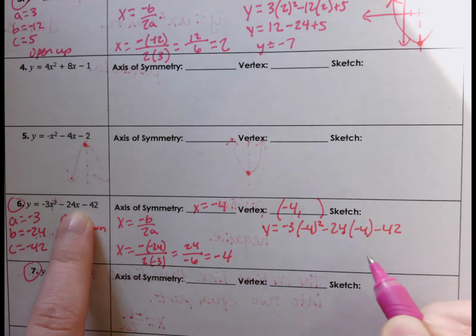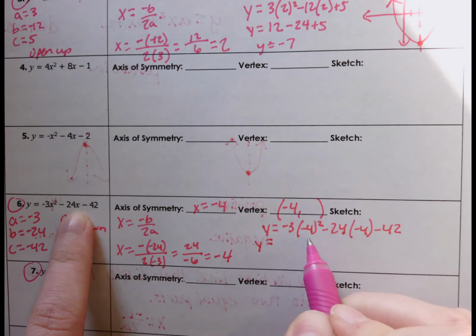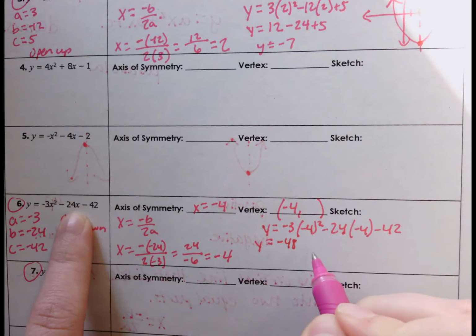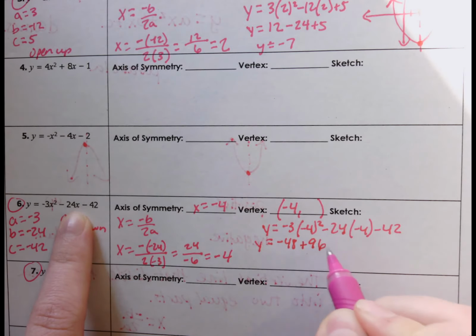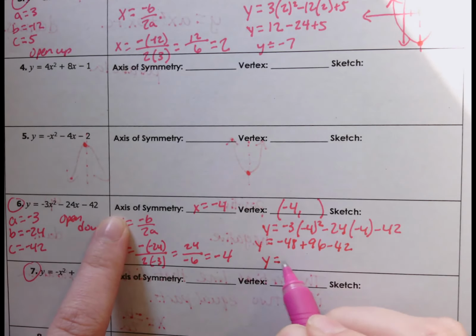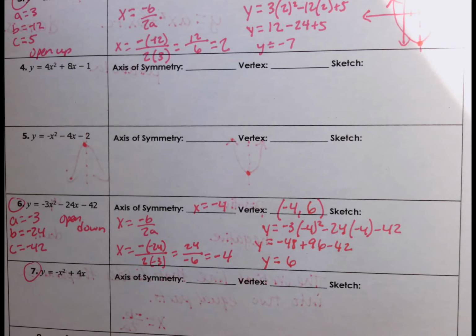And again, all I did was plug in those numbers. So once I plug all of that in, negative 4 times negative 4 is 16, times negative 3 is negative 48. Negative 24 times negative 4 is a positive 96, minus 42. I simplify all of that, and I get y is equal to 6. So our vertex here is going to be at 6.